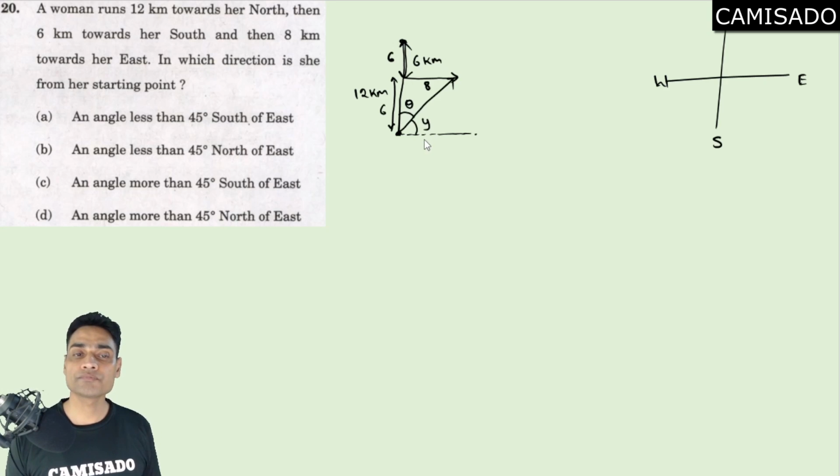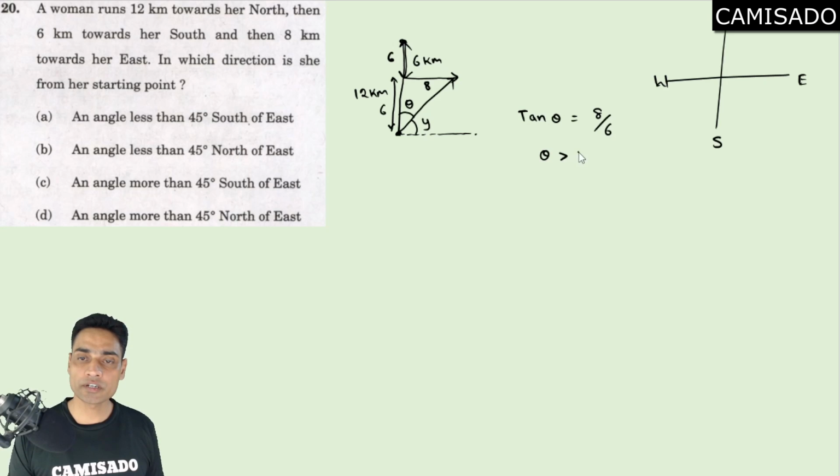So here, if I take tan theta, tan theta is 8/6, which means theta is greater than 45 degrees. Now when theta is greater than 45 degrees, ultimately y becomes less than 45 degrees.